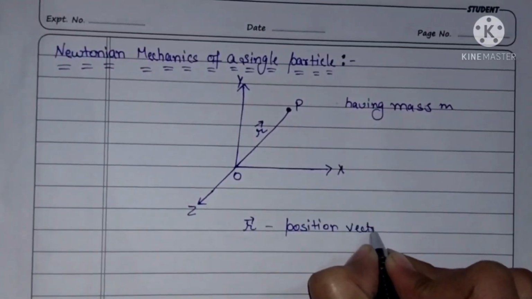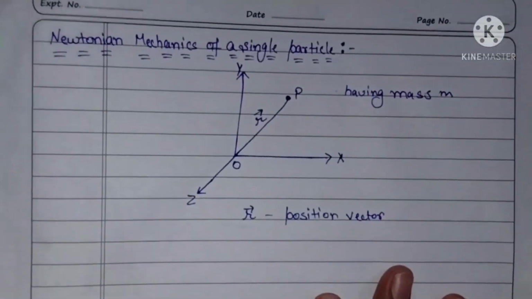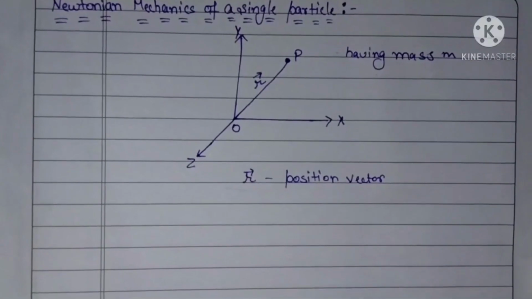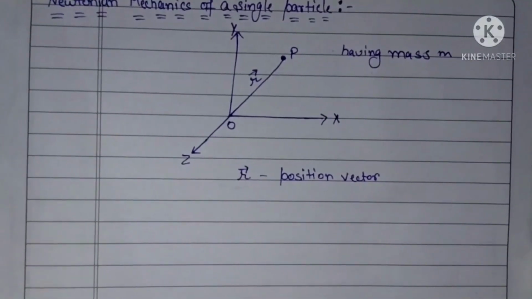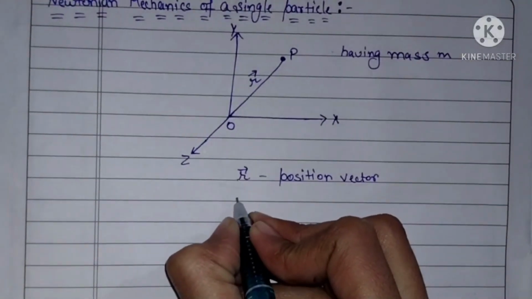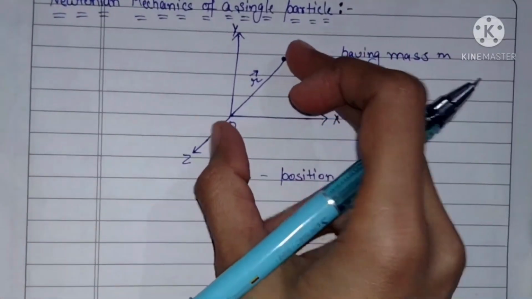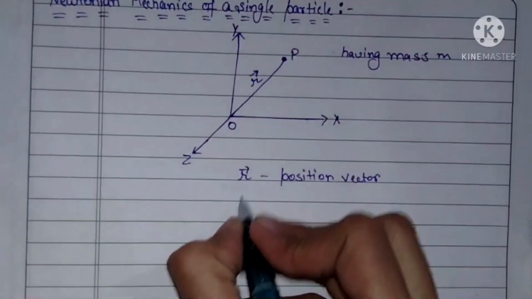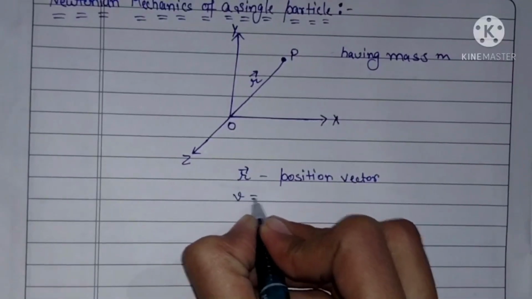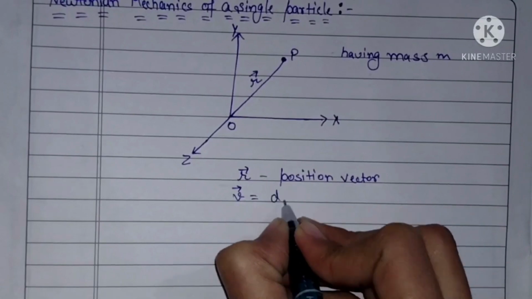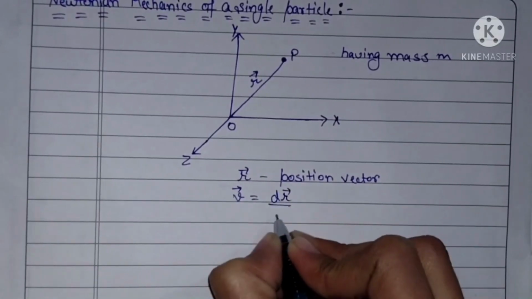Here we can write r is the position vector. The position of the point P is located from the origin O. So for velocity we can write dr over dt.